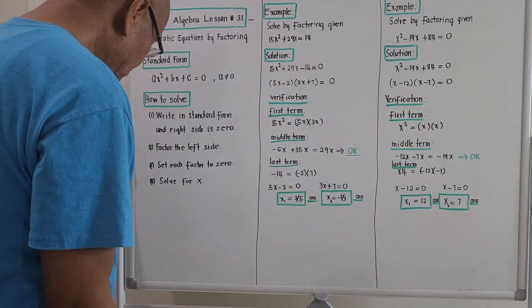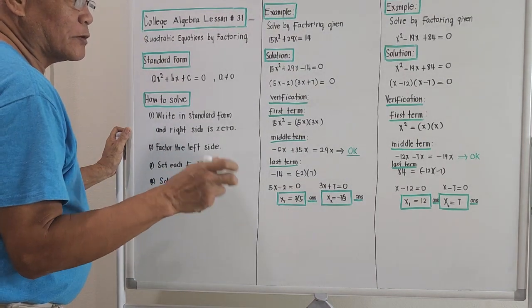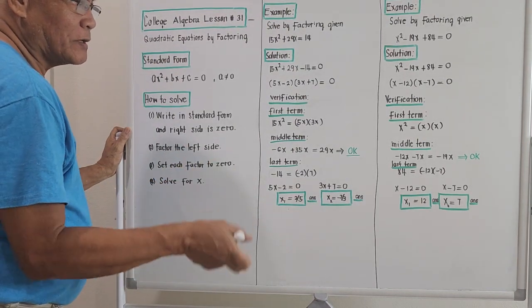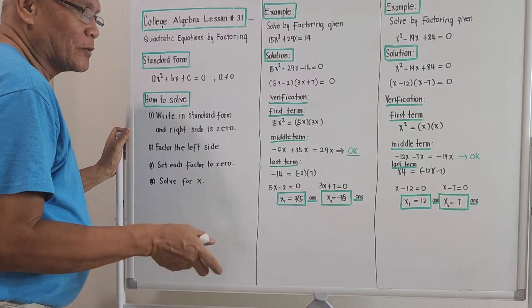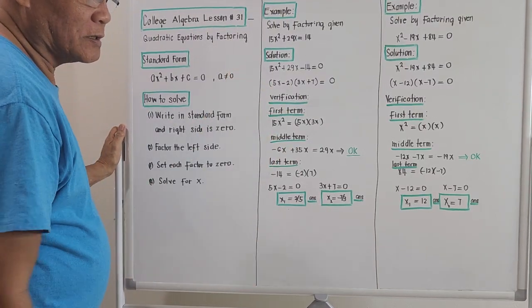Let's try to bring out the standard form of a quadratic equation. Quadratic meaning the highest power or exponent of the variable is actually 2. That's why it's quadratic.